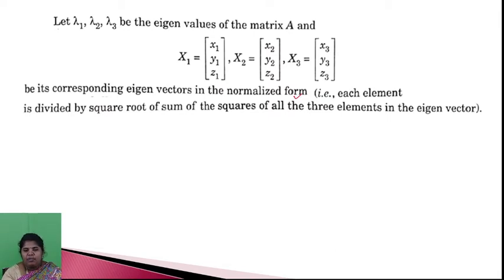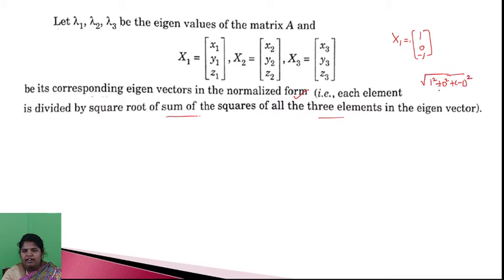The normalized form is: to each element we divide by the square root of the sum of squares of all the three elements. That is, if x1 is 1, 0 and minus 1, to form the normalized value of this column vector, we have to find the square root of the sum of squares of all the terms. That is, square of 1 is 1, square of 0 is 0 and square of minus 1 is 1.